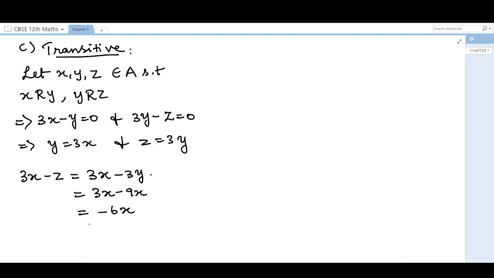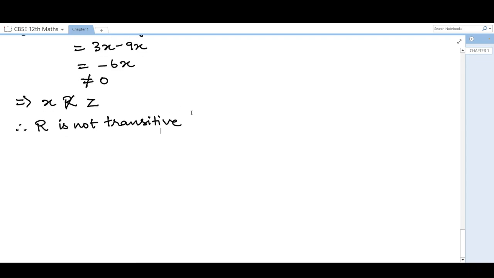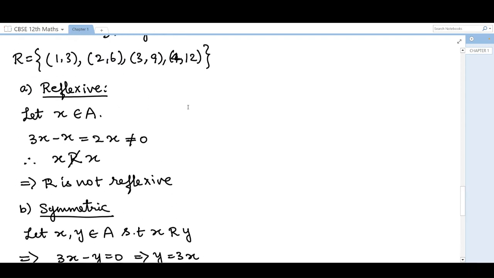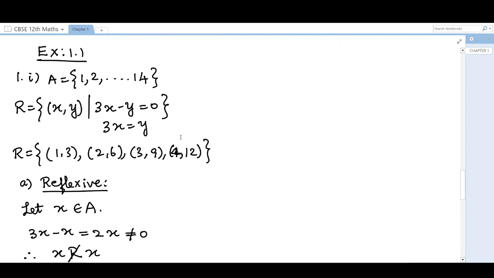But minus 6x can never be equal to 0 since x belongs to the set E. So from this, what we could conclude is x is not related to z. Therefore, the given relation R is not transitive. So for the given relation R, we have verified that it does not satisfy the three properties: reflexive, symmetric and transitive.